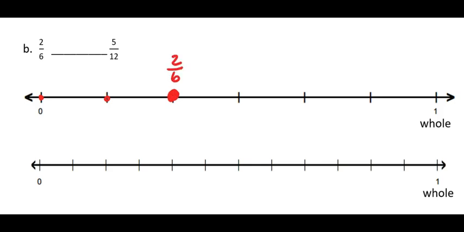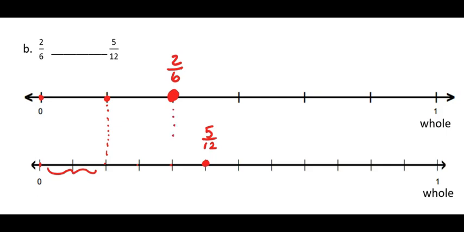And I'm comparing that to 5 twelfths. Start at the 0 and just count over 5 twelfths. I have 0 twelfths, 1 twelfth, 2 twelfths, 3 twelfths, 4 twelfths, 5 twelfths. Now when we make our comparison, you can see, for each sixth, I have 2 twelfths.